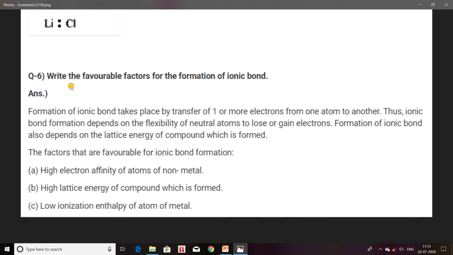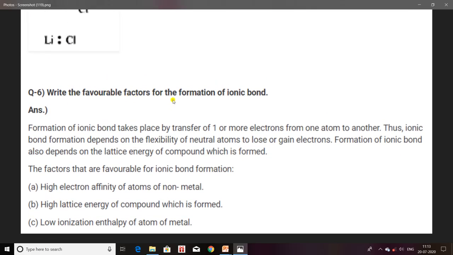Now next question is, write the favorable factors for the formation of ionic bond. What are the factors which favor the formation of ionic bonds, which help the formation of ionic bond? So first of all, what is an ionic bond? Ionic bond takes place by the transfer of one or more electrons from one atom to another, right?